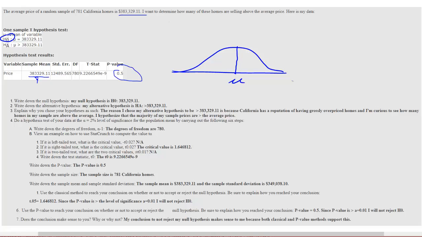Well, if you sit here and go, my null is that it's going to be this number, it builds a normal curve centered on the number, 329.11, and then it builds a normal curve centered right there.